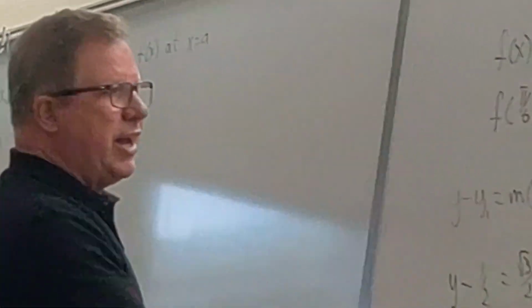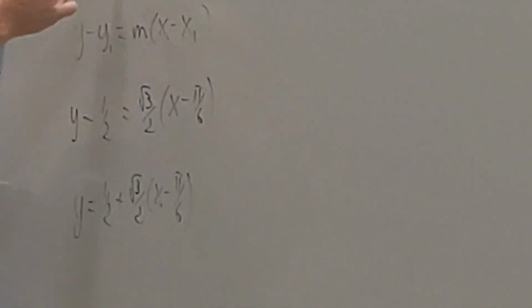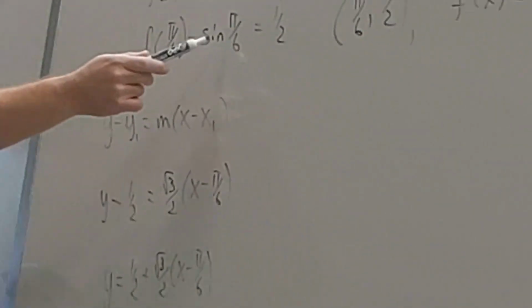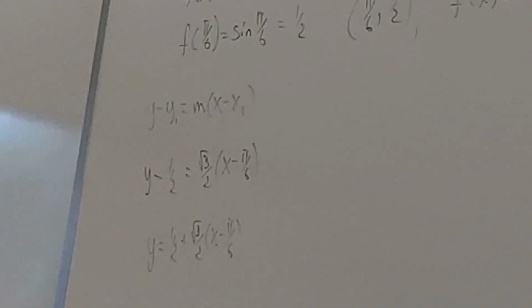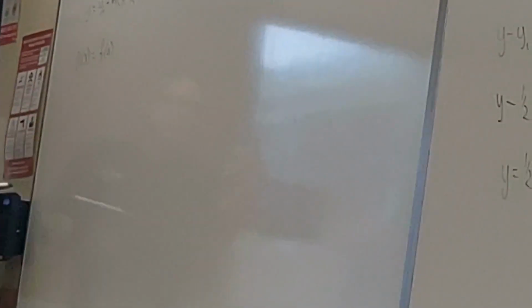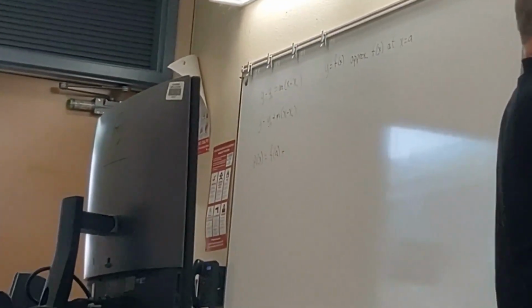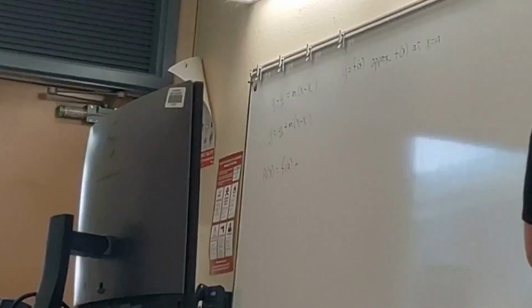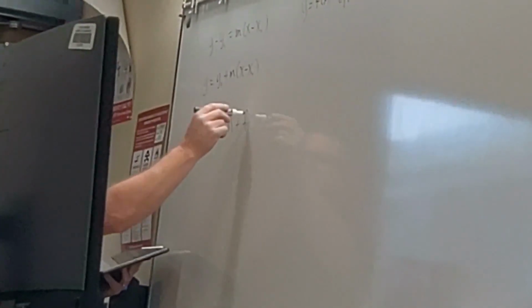Then, notice, to get this 1/2, we evaluated the original function at a, the original function at pi over 6, so this will be f of a. Plus, to get the slope, we found the derivative and evaluated it at pi over 6, so in the general sense we evaluate the derivative at a.